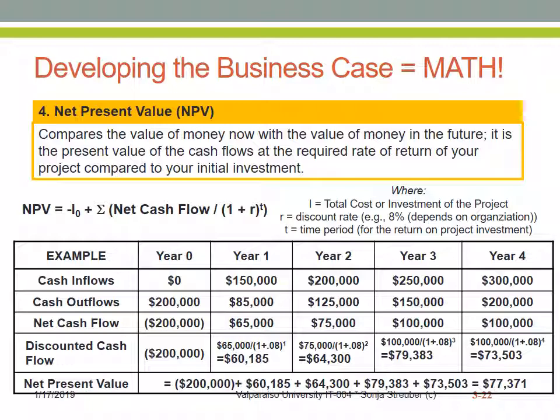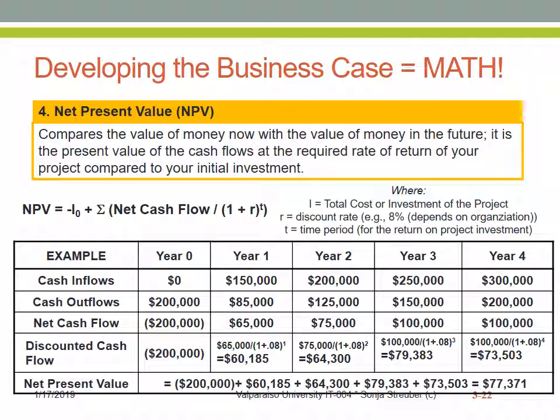In year 2, our cash inflow is expected to be $200,000. So we're making more and more as our project outcome matures. And in year 3, $250,000, in year 4, $300,000. But our maintenance cost also increases from $85,000 to $125,000, and then $150,000 and $200,000 in years 3 and 4.